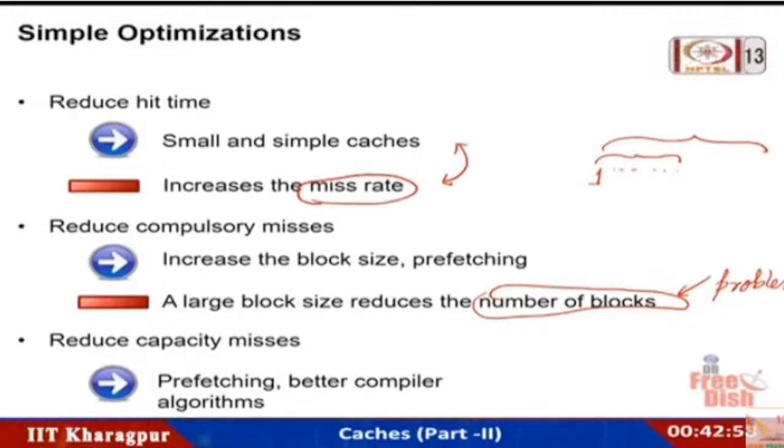To reduce capacity misses, well, you can have a bigger cache, but a bigger cache is slower. We can do what is called prefetching, which means that we can predict the addresses that we will fetch in the future, or the addresses that we will send to the memory system in the future, and then we can solve this problem either in software or in hardware.